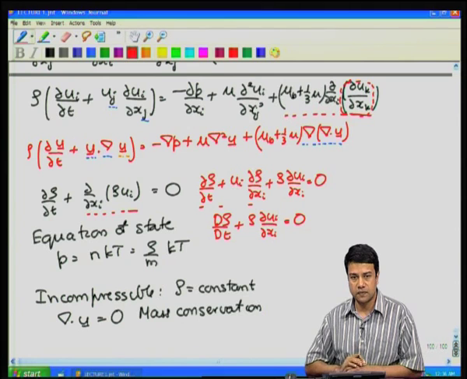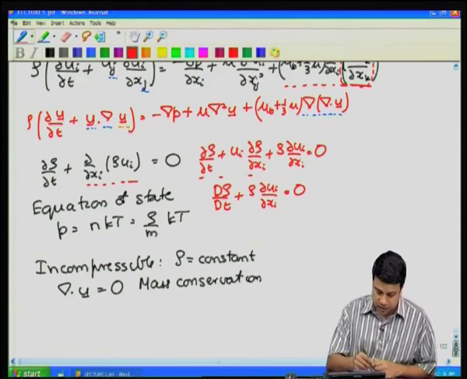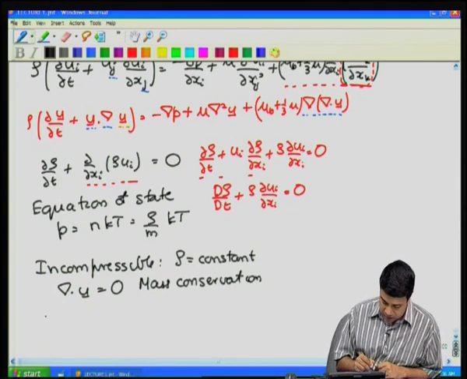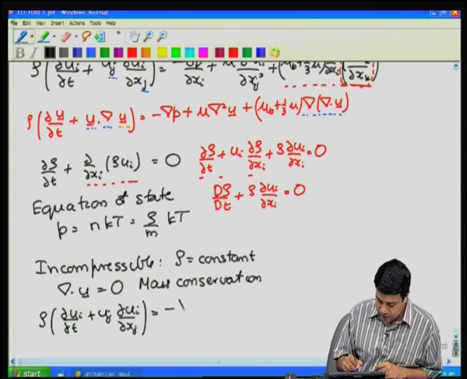So, that little bit which is proportional to the divergence of the velocity disappears, and finally, what I get is an equation which goes as rho times partial u_i by partial t plus u_j partial u_i by partial x_j, minus partial p by partial x_i plus mu.